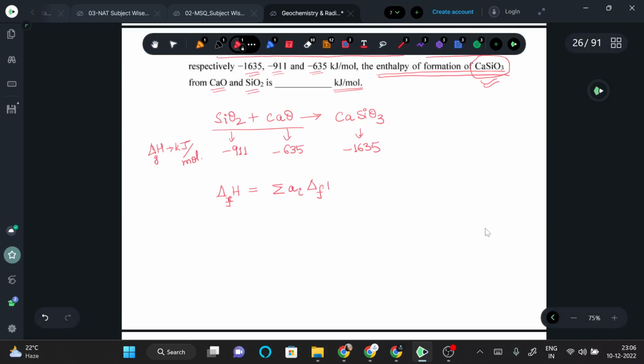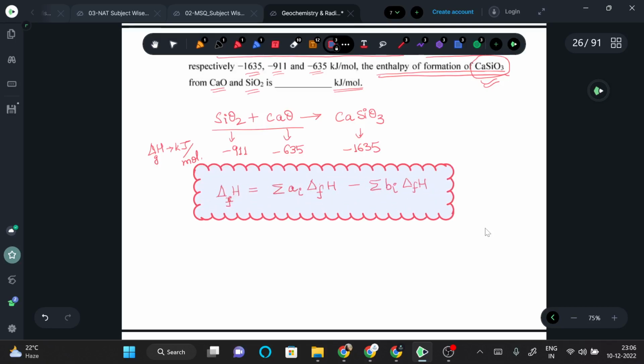Delta HR equals summation of Ai delta HF minus summation of Bi delta HF. So just mark it here. This part is for products.